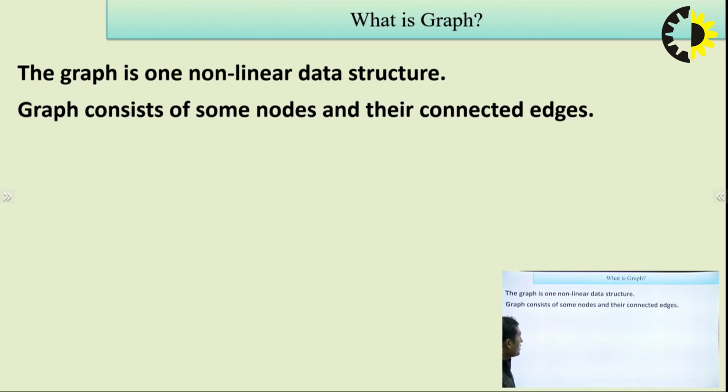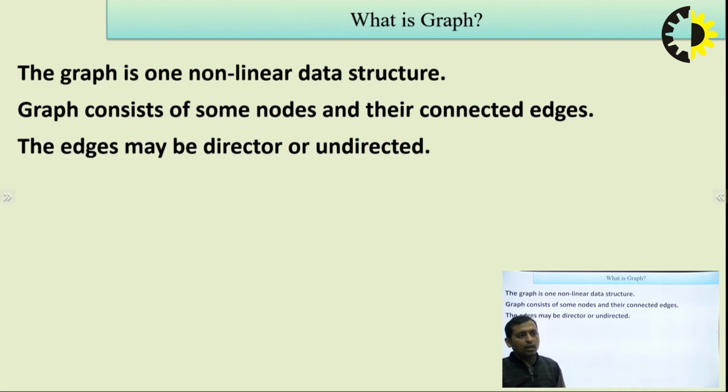A graph consists of some nodes and their connected edges. How do we represent the graph? A graph is represented using nodes and a number of connected edges, and the edges may be directed or undirected. So there are two types of graph: directed graph and undirected graph. A directed graph has direction, one way, and an undirected graph is two way.